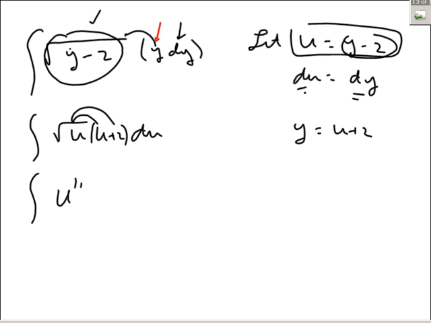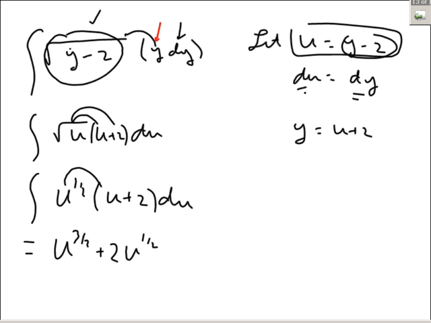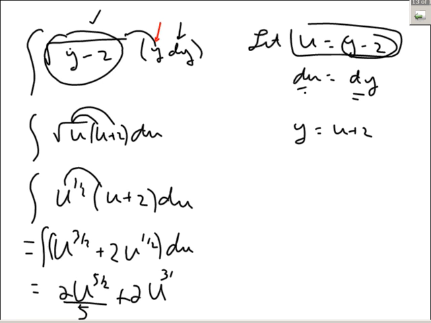And like I've been saying, now you can distribute. You get u to the half times u plus 2 du. When you distribute, you get u to the 3 halves plus 2u to the 1 half. Integral of all of that du. Now this becomes u to the 5 over 2 divided by 5 over 2 plus 2, u to the 3 halves divided by 3 over 2 plus c.